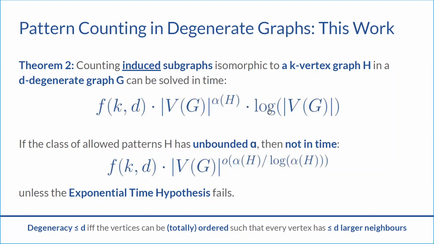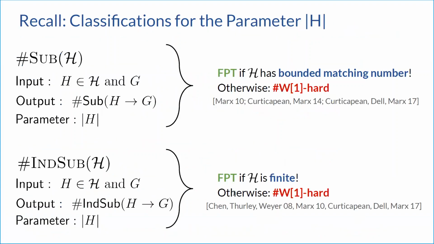Okay, so those classifications were stated in a more fine-grained form. But as promised, we also get an FPT versus #W[1]-hardness classification. So first, we recall that in case we don't restrict the host graph and we parameterize only by the size of the pattern, then we have those classifications along the matching number and finiteness of the class of allowed patterns.